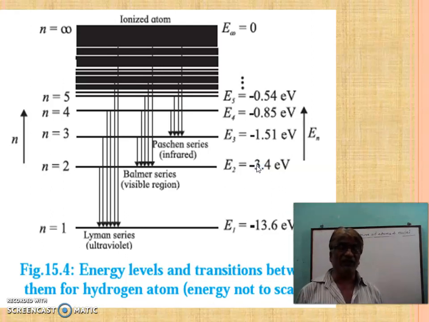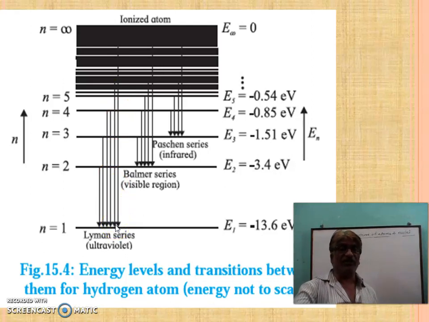The transition of an electron from the second orbit to the first inner orbit, from the third orbit to the first orbit, from the fifth orbit to the first orbit, and from the sixth orbit to the first orbit.